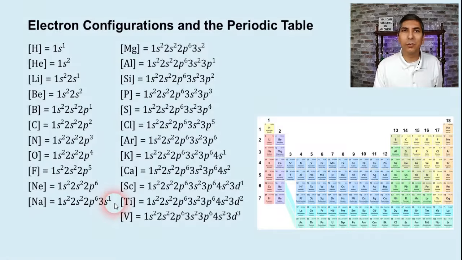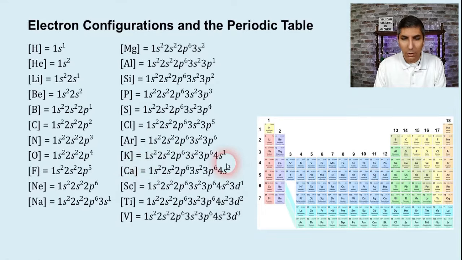Do you see a pattern starting to emerge here? We had on the periodic table 1s1, 2s1, and then 3s1. Now, if the pattern holds, we would expect that the element right underneath it, potassium, to be 4s1. And if you look at the electron configuration for that, you'll find that that is indeed the case.